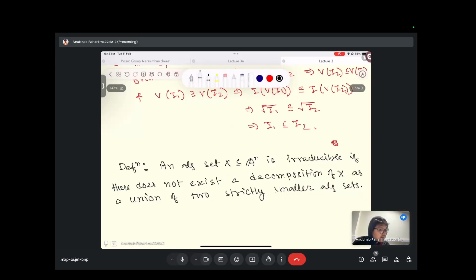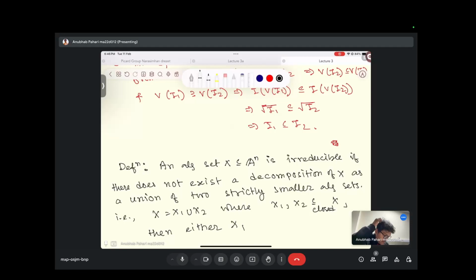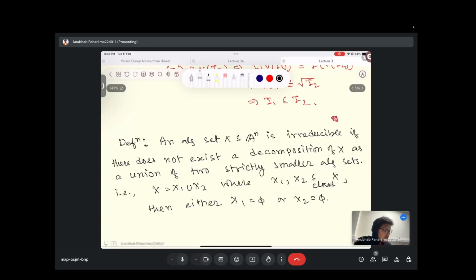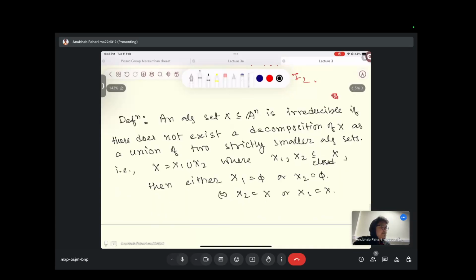That means that if X = X1 union X2, where X1 and X2 are closed in X, then either X1 is trivial or X2 is trivial. Or you can say equivalently X2 is X or X1 is X.